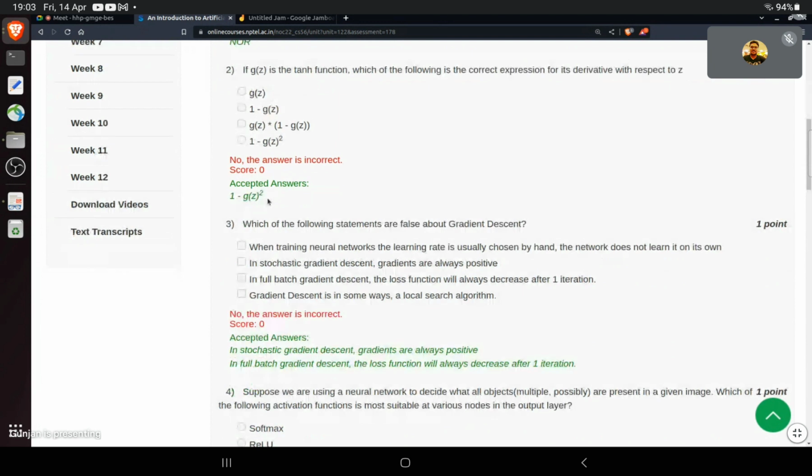Now, if g(z) is tanh, which of the following is the correct expression for its derivative with respect to h?